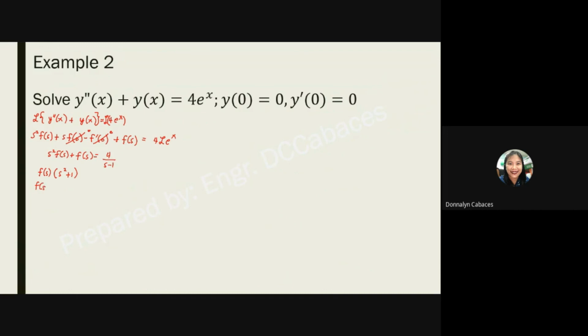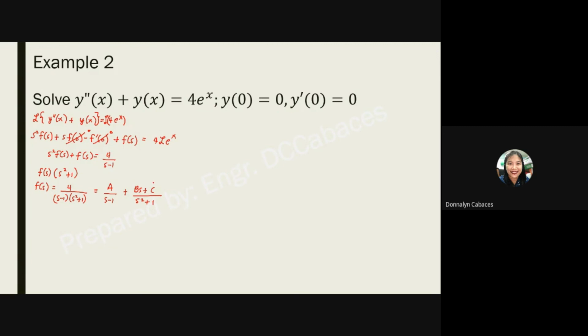Therefore, F of s is equal to 4 over s minus 1 times s squared plus 1. And now you find the equivalent partial fraction. So this is A over s minus 1 plus, since you have here a quadratic, Bs plus C over s squared plus 1.